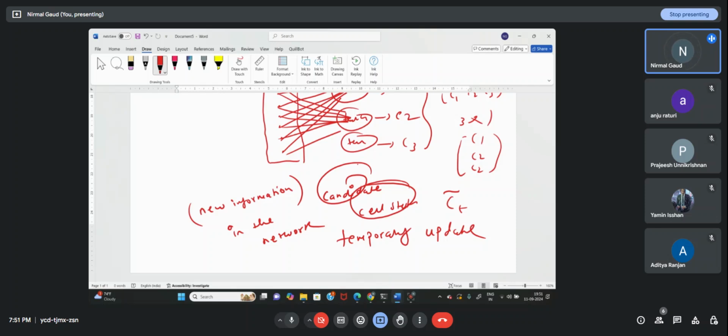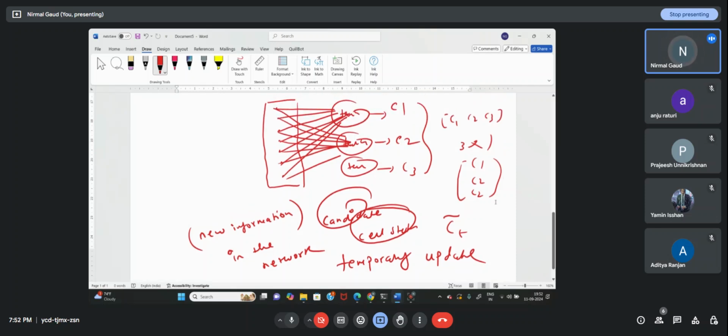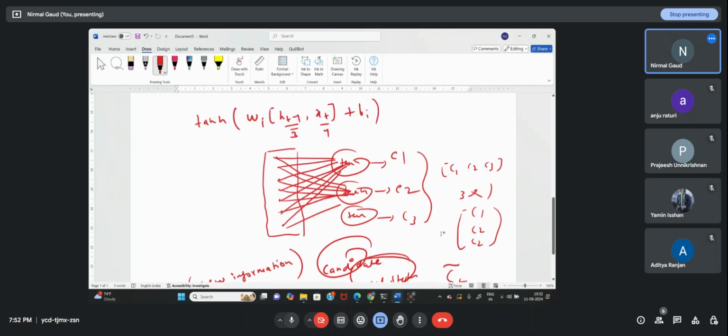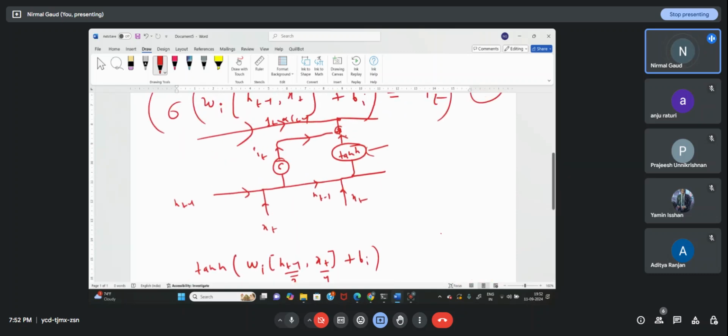Because unless I operate with this Ct, from here I got Ct, and here I got it. So it is pointwise multiplied with the candidate Ct.